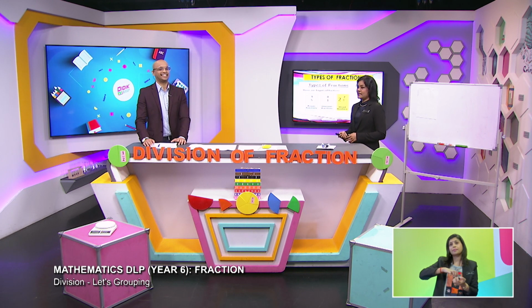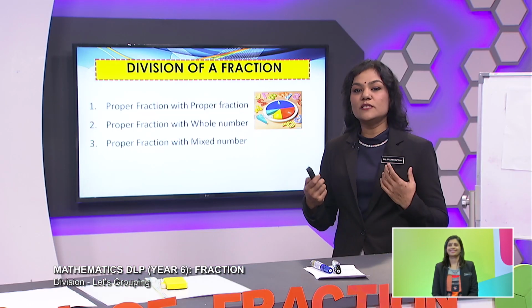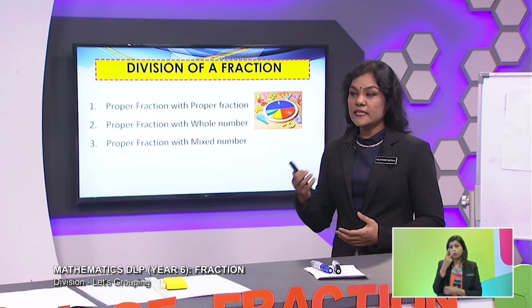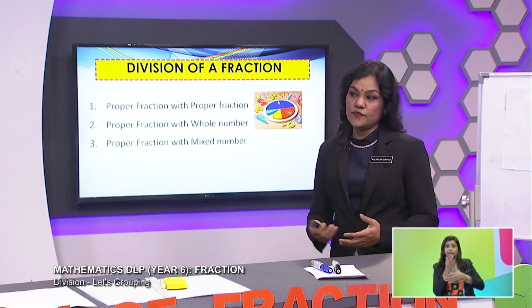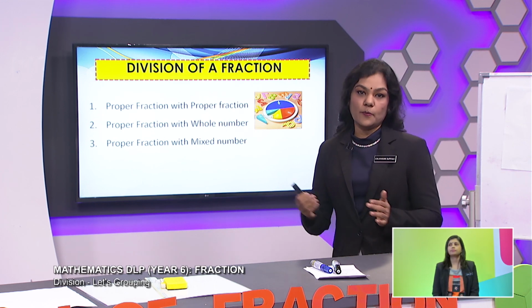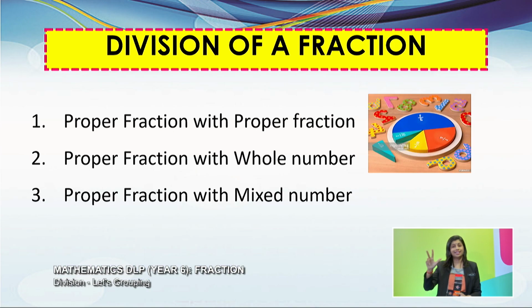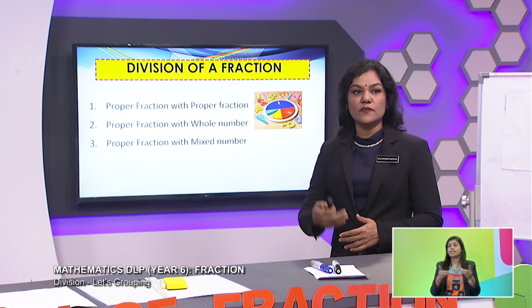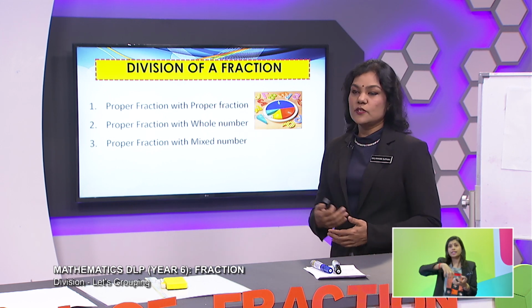Next, how do we divide these fractions? Normally, there are 3 components in division of fractions. First, proper fraction with proper fraction. Second, proper fraction with whole number. Third, proper fraction with mixed number. These are the 3 major components you will find in the division of fractions.